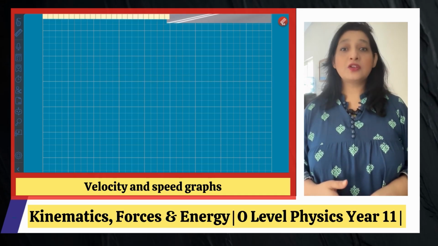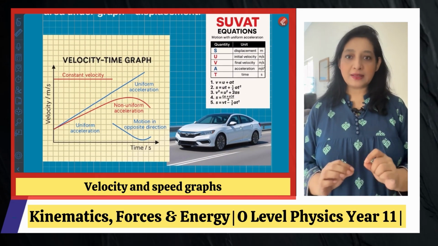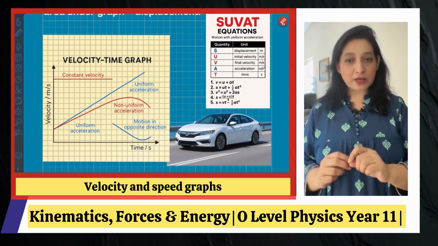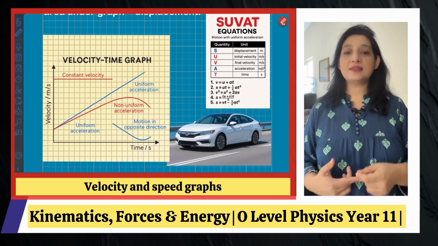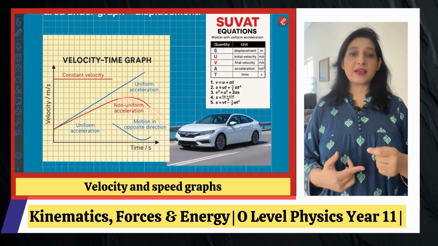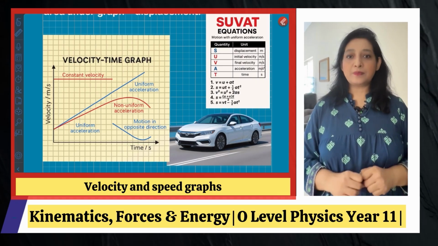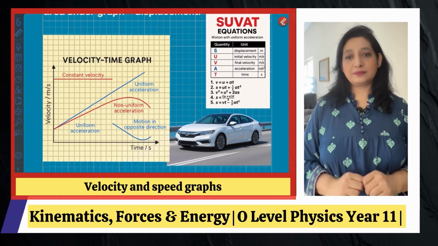Case 3 is uniform deceleration. Now a straight line sloping downward, velocity decreases evenly. Constant negative acceleration, slowing down. For example, braking a car.